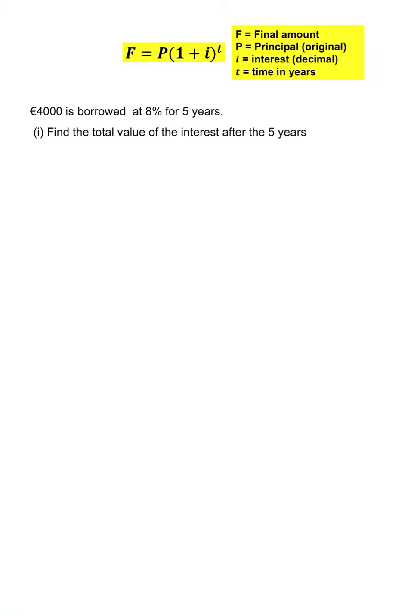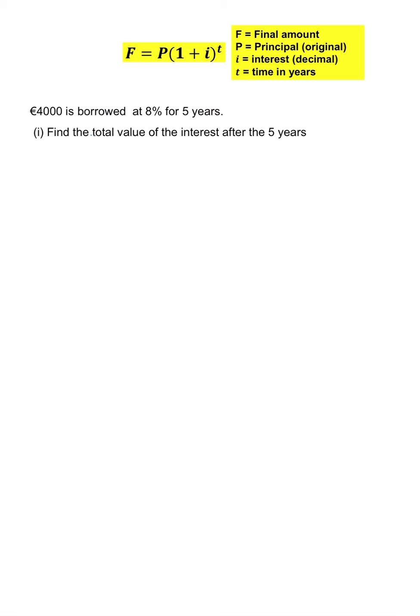Another way we will see interest is for loans. So if you take a loan of a sum of money, you'll have to pay it back with interest. So in this question, €4,000 is borrowed at 8% for 5 years, and we need to find the value of the interest after the 5 years. So the first thing we need to do is get the total amount after the 5 years.